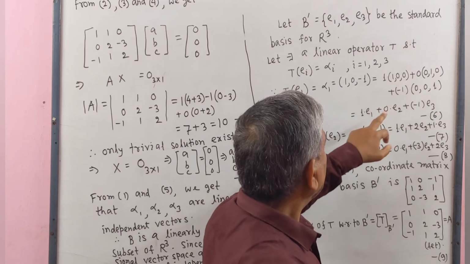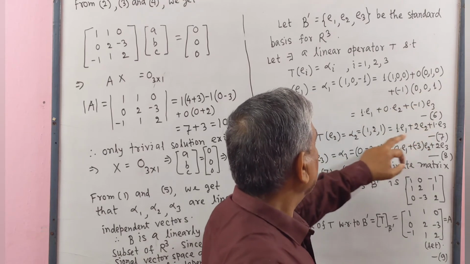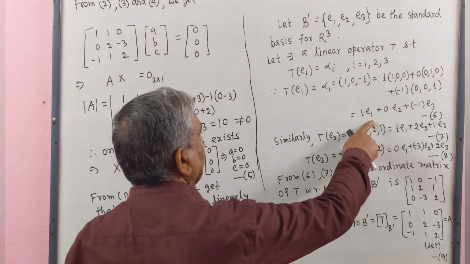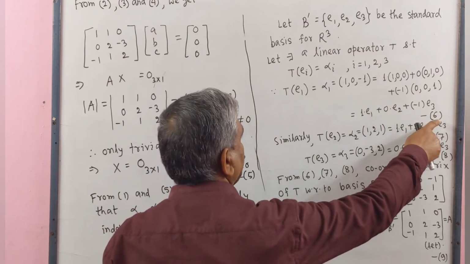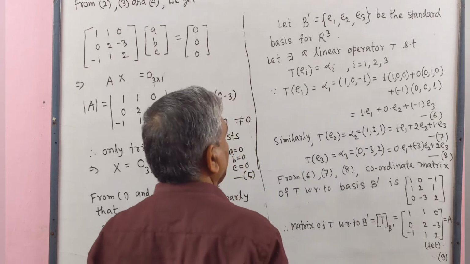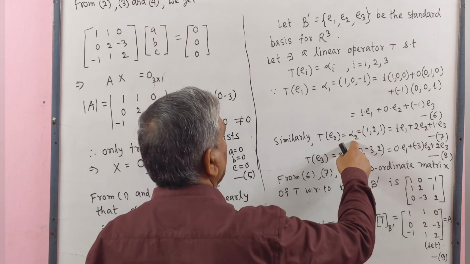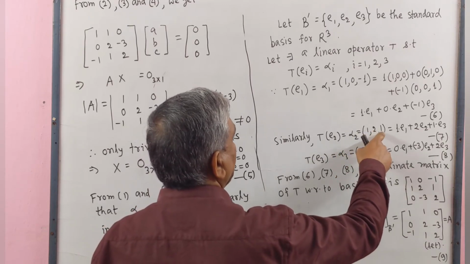This is E1, this is E2 and this is E3. Therefore, T E1 equal to 1 E1 plus 0 E2 plus minus 1 E3. This is number 6. Similarly, T E2 equal to alpha 2. Alpha 2 is the ordered triplet (1, 2, 1).